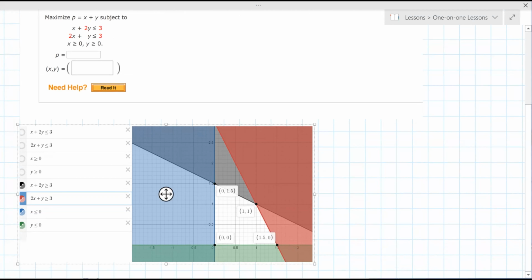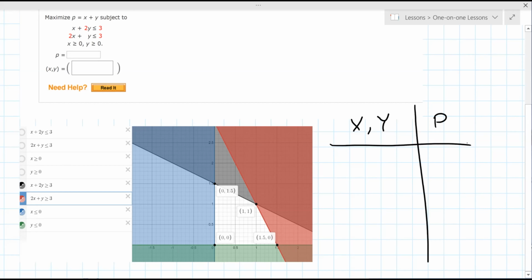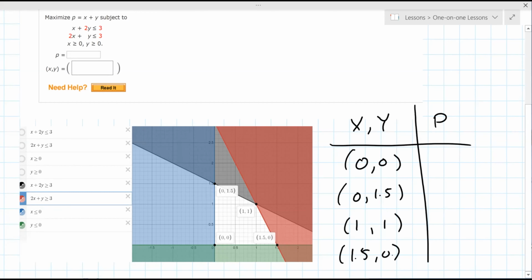P equals x plus y. I would suggest making a table with x, y, and then p, and you're looking for the biggest value. 0, 0 is a point, 0, 1.5 is a point, 1, 1 is a point, and 1.5, 0 is a point. P is x plus y.